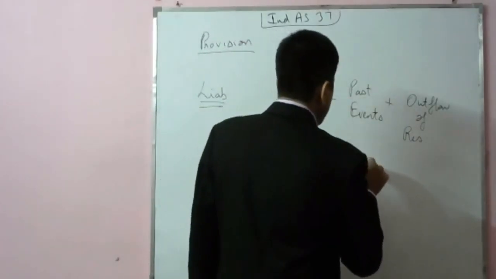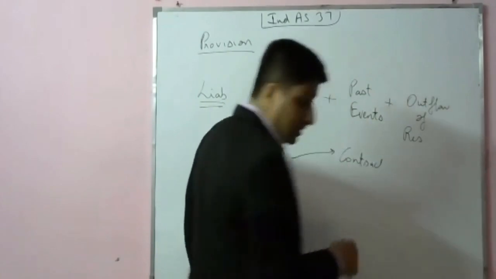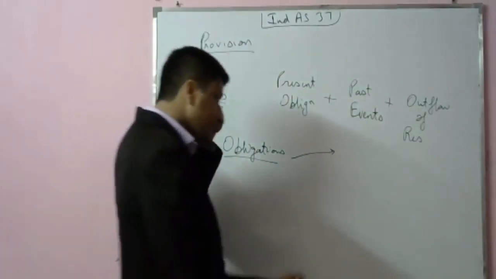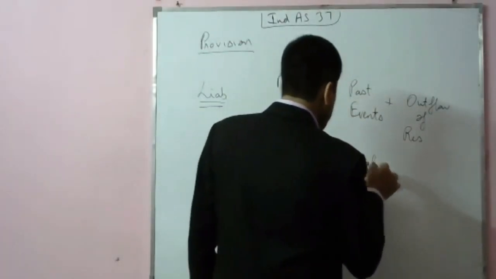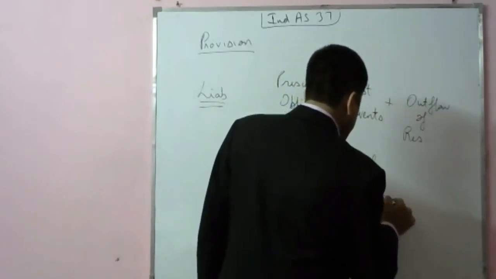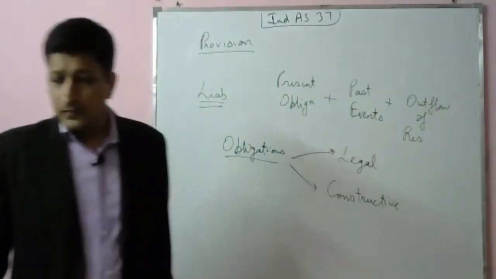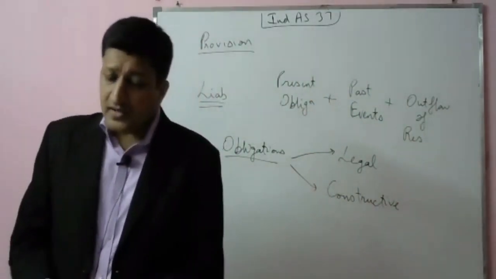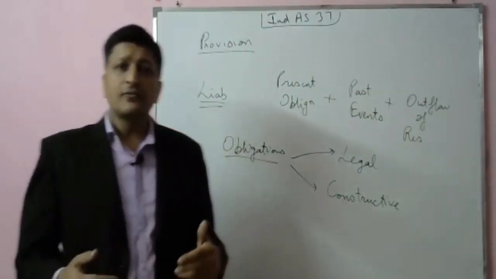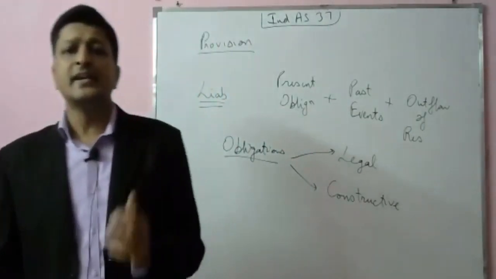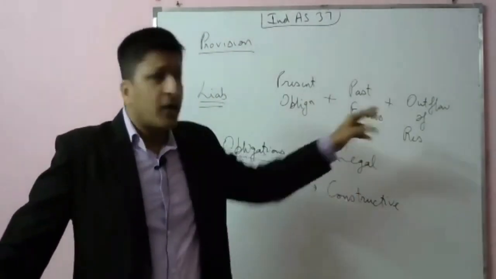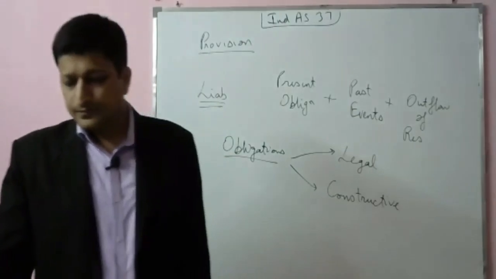One is legal. Second is constructive. Yes, these are the types of obligations. So let's understand the meaning of legal obligation now. What do we mean by legal obligation? Because of which outflow cannot be avoided.